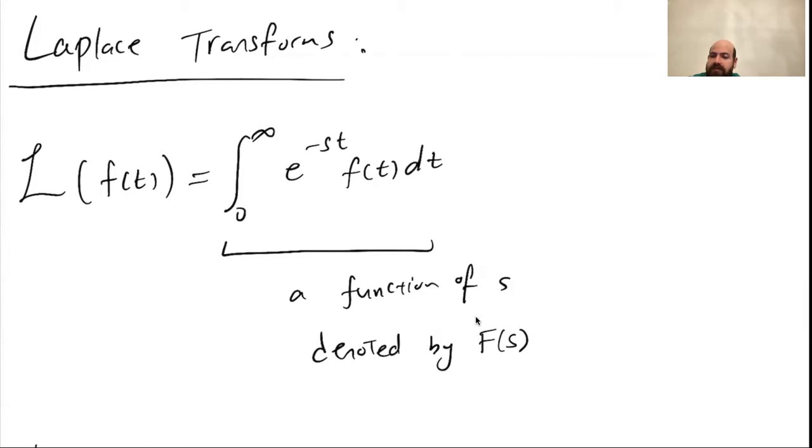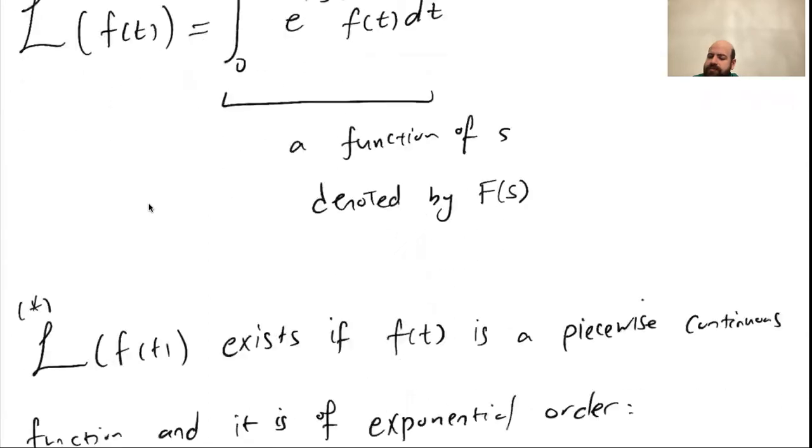But if all the derivatives are gone, then I will simply have an algebraic equation instead of a differential equation. I can solve that algebraic equation to find capital F of s. And once I find capital F of s, I can apply the inverse Laplace transform to get the original function back, the function that I'm looking for.